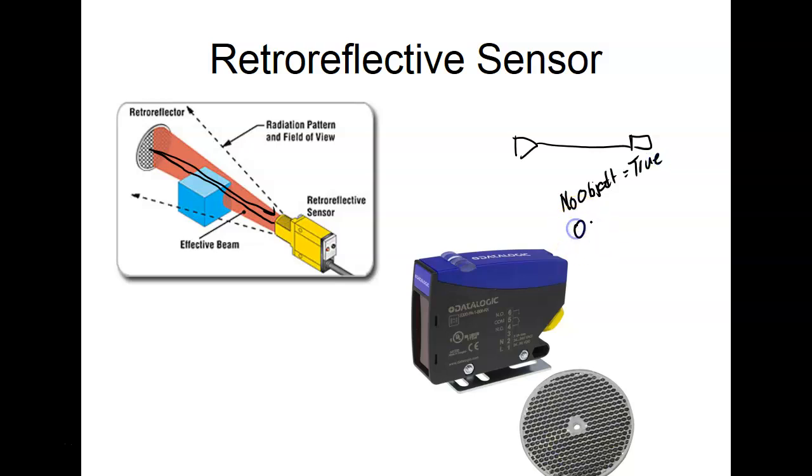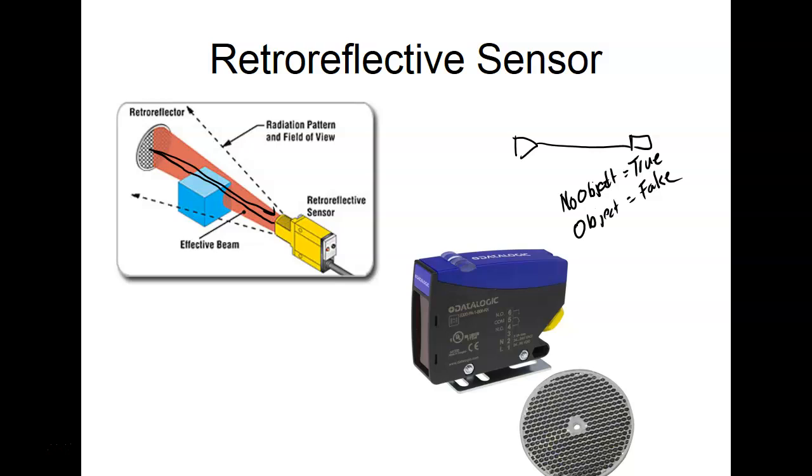Here, with an object, the output would be what? So you're going to have to figure out what you're going to use that contact for. If it's a normally open and you need a normally closed and all you've got is a normally open, what are you going to do?